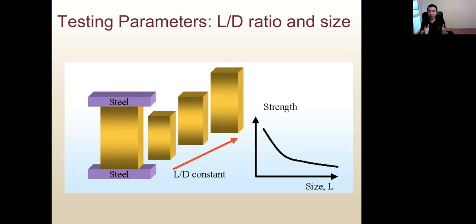So for each specimen, when we increase the size, the chance that the concrete specimen has a certain flaw, such as honeycombing, will increase. As a result, when we increase the size of the specimen, it will fail early compared to the same concrete with a smaller size.